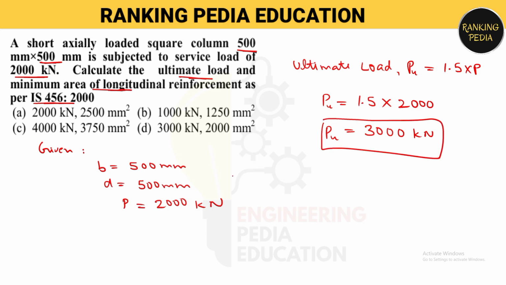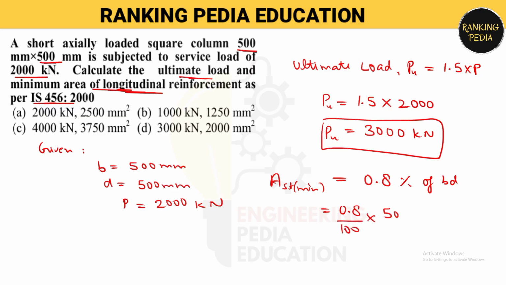Next, what we have to calculate? We have to calculate minimum area of longitudinal reinforcement. So minimum area of longitudinal reinforcement is 0.8% of BD, and BD value is already given in the question. 0.8% of BD.